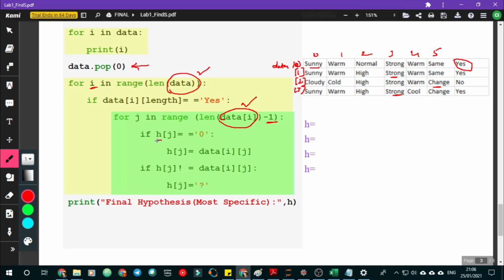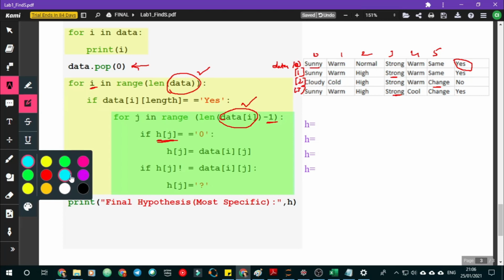H of j, H contains the hypothesis. j is initialized to 0, so H of 0 is null. When we are reading the first data sample, this condition gets true and everything will be replaced with the data sample values. Clear? Just go through it.